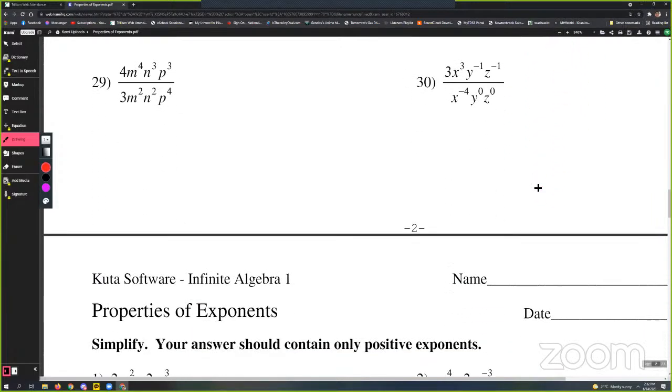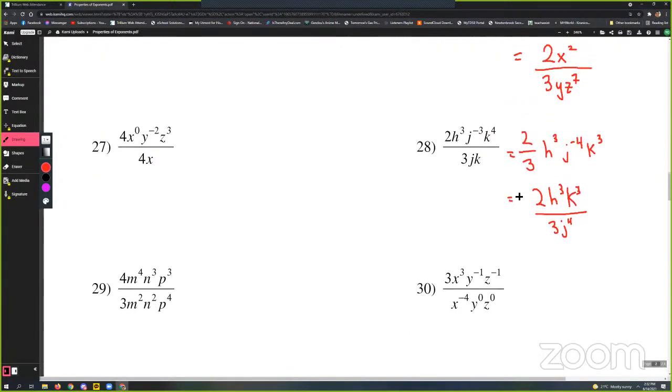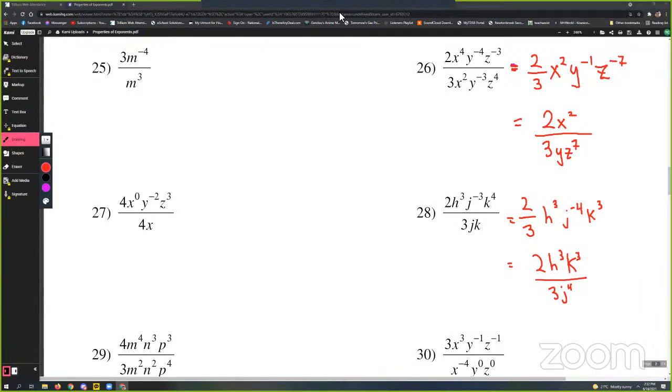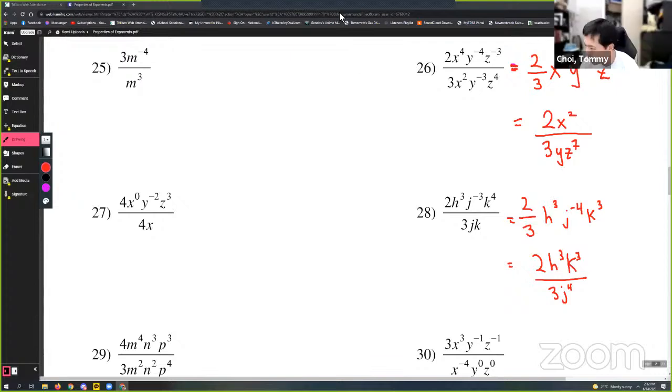Yes. Will there be any graphing questions on the test? Hold on. Let me see what I've built so far for the test here real quick. Let me remind myself what I have here. Are there any graphing questions?